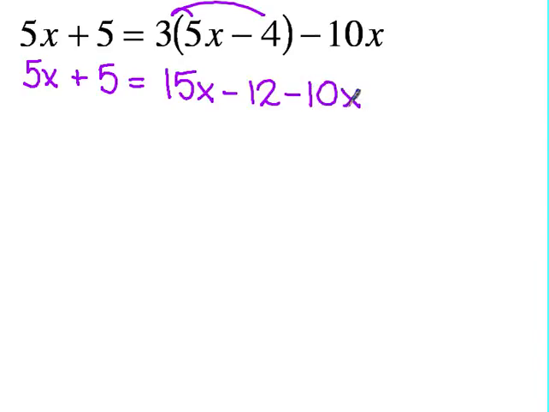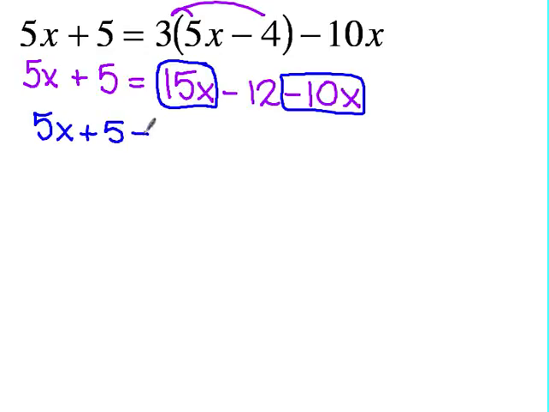Now we're close to some of the previous problems, but we're not quite there yet because the previous problem had a variable and a number. Here I've got a 15x and a minus 10x, so I'm going to combine those together. Over here I have 5x plus 5 equals, what is 15x minus 10x? 5x.